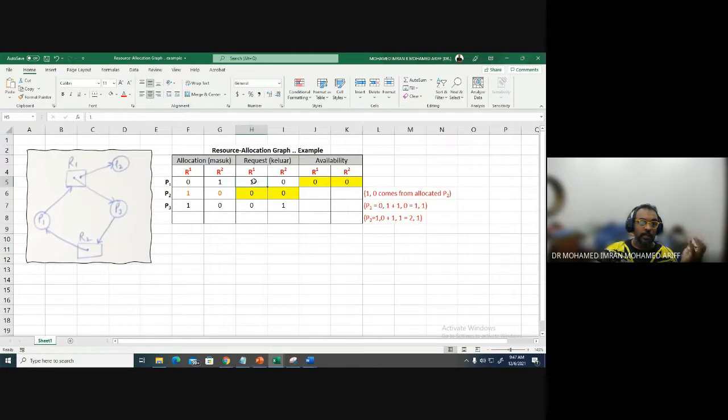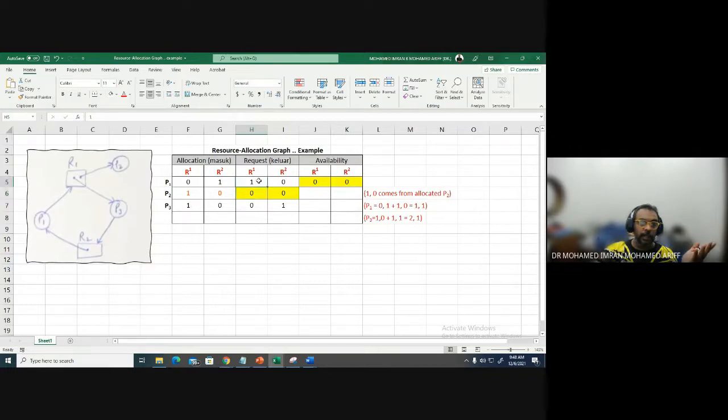Untuk request, P1 is giving out, dikeluar kepada R1. P2 it's not giving out anything. Dia tak bagi apa-apa keluar pun. P1 dia bagi keluar 1 kepada R1.